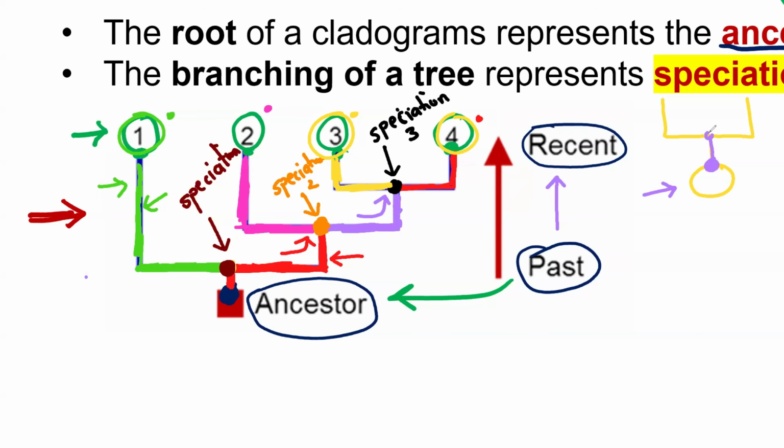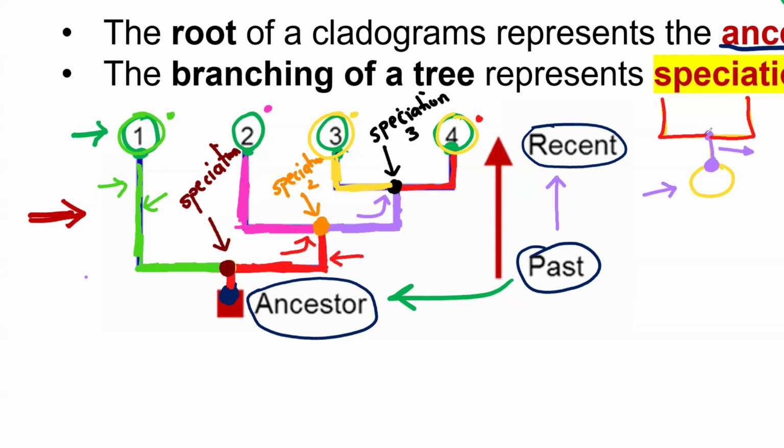Whenever you see a branching, or whenever you see the line splitting into two different lines, it simply means that a speciation event is occurring. It simply means that this purple ancestor, the one that we began with, is now forming two different species.